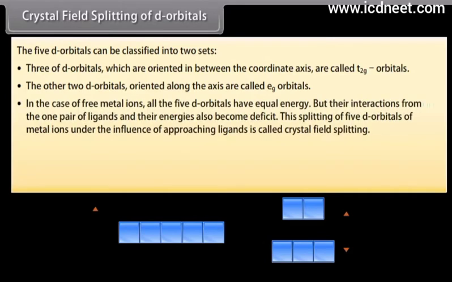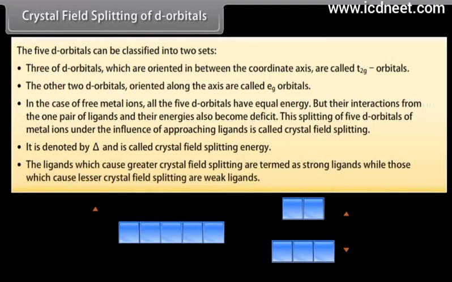In the case of free metal ions, all the 5 d orbitals have equal energy, but on interaction with the ligands their energies become different. This splitting of 5 d orbitals of metal ions under the influence of approaching ligands is called crystal field splitting. It is denoted by delta and is called crystal field splitting energy.